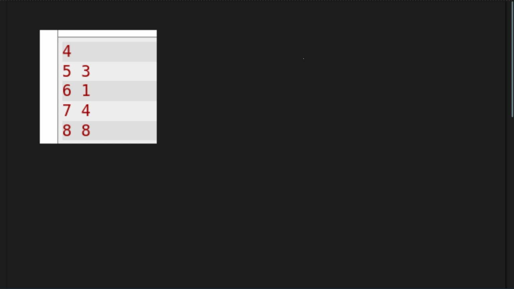Starting with n equals 5 and k equals 3, I can take one coin of this type and one coin of value 2, and the total number of burles will be 5. So in this case the answer will be yes. Again, for the second case, n equals 6 and k equals 1.